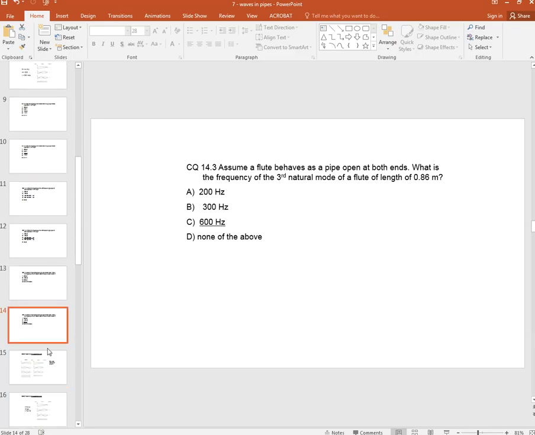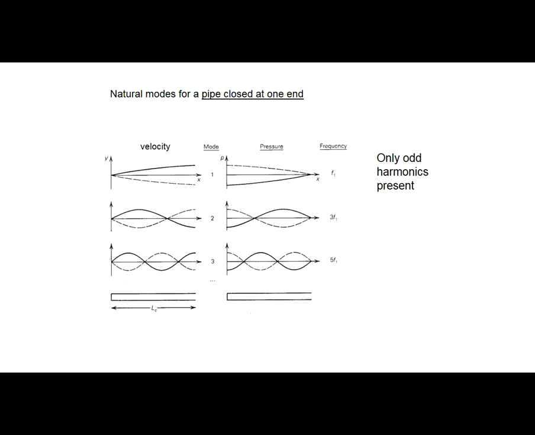Okay, so moving forward, this is the picture here of the quarter waves fitting into this closed pipe. And one of the things that I want to emphasize to you is that in the pipe that's open at both ends, you can have n equals 1, 2, 3, 4, but in the pipe that's closed at one end, only the odd harmonics are present.